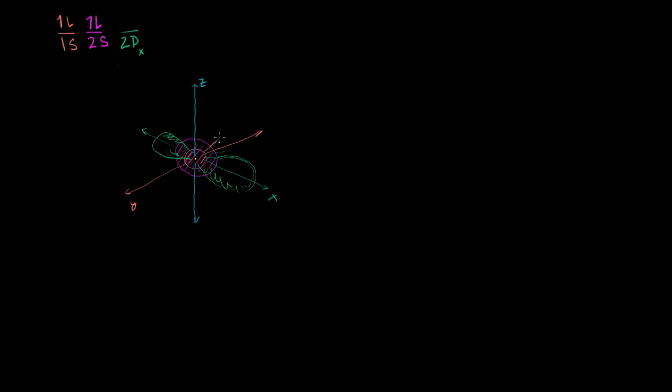Same idea, kind of a dumbbell shape in the y direction, going along the y-axis in that direction and in that direction. And then you also have your 2pz. And that goes in the z direction, up like that, and then downwards like that.